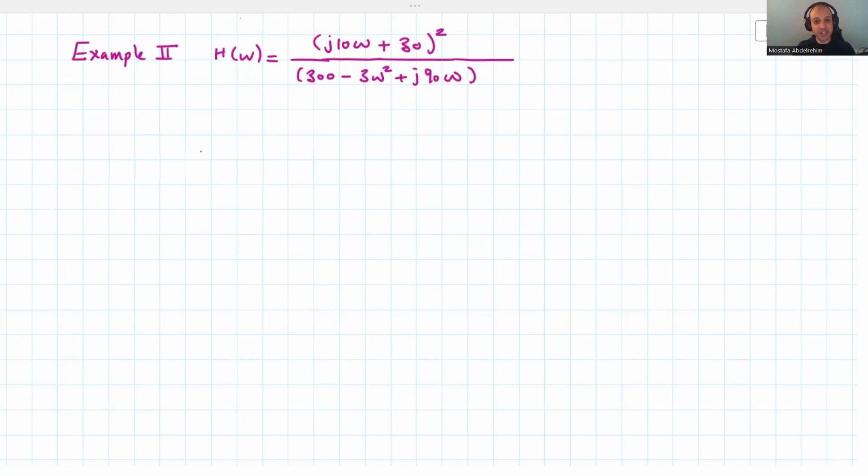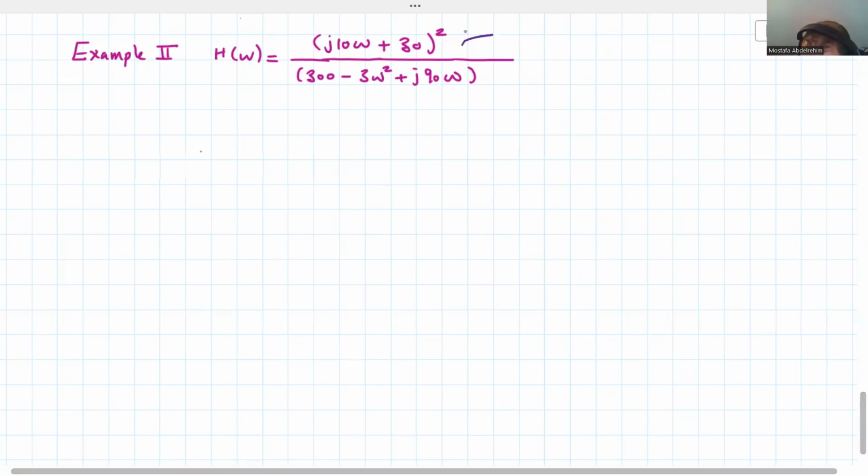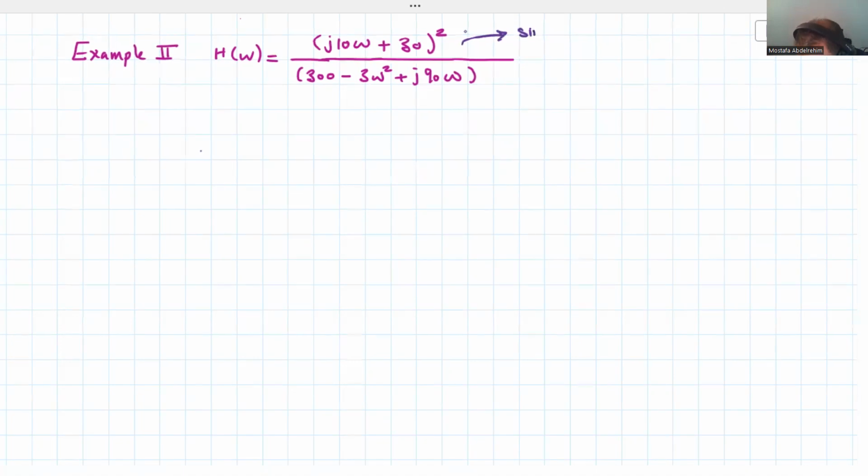First we have to put H of omega in a standard form. We know from before there are some standard forms, like simple zero, simple pole, quadratic zero or pole. So this guy here is similar to a simple zero.